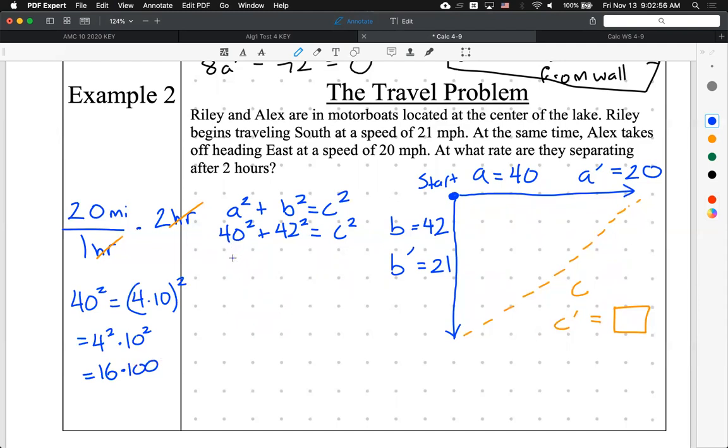Therefore, 40 squared is 1600. So I'll say 1600. How do I do 42 squared?